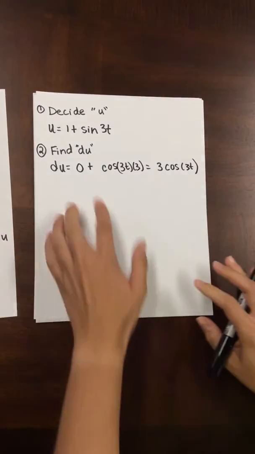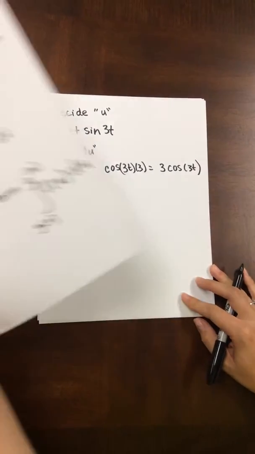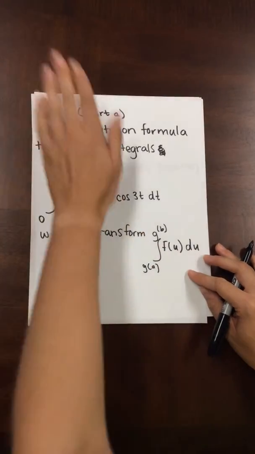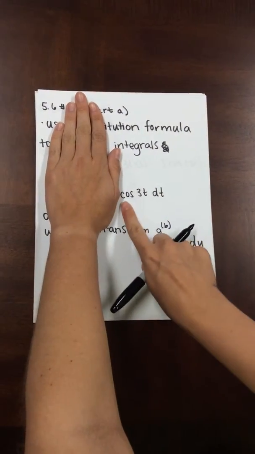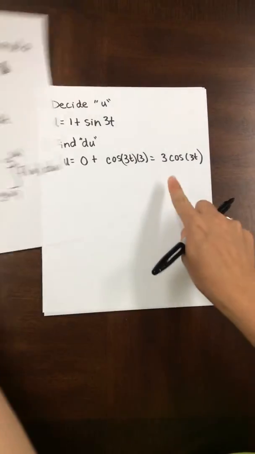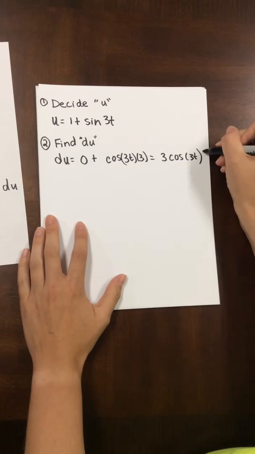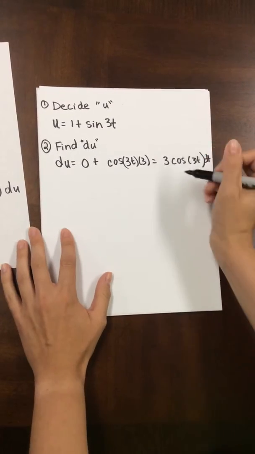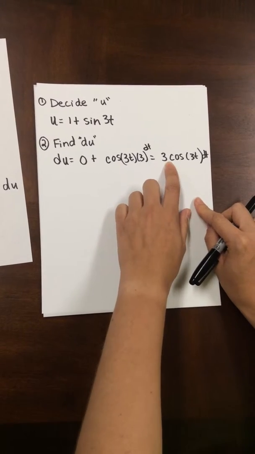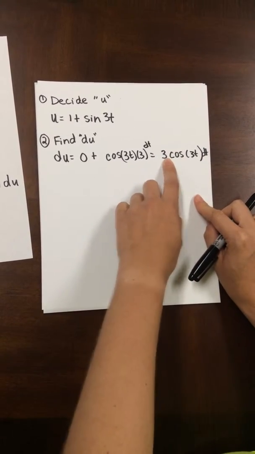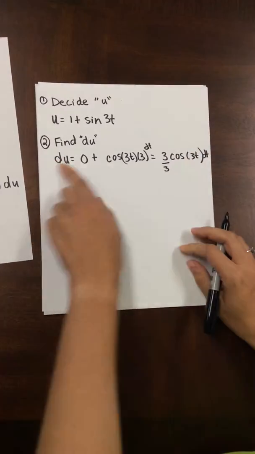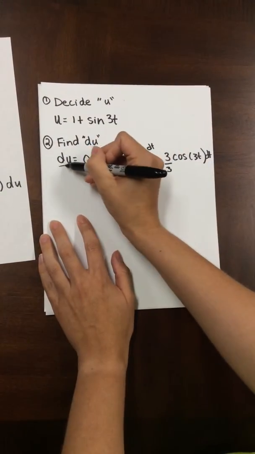Since u is 1 plus sine 3t, we want our du to equal what's left, the cosine 3t dt. It is close, but there's this 3 here, so we're going to divide by 3.